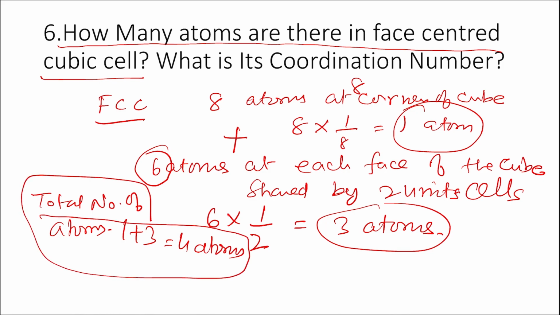This is the total number of atoms in FCC unit cell, and its coordination number is 12. We say that each atom or each particle in FCC structure is in contact with 12 atoms, hence the coordination number of FCC is 12.